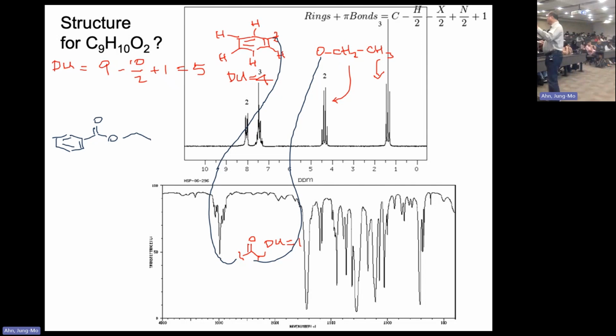Ester is typically higher, like 1730, but it can shift down by conjugation to double bonds or the benzene. So this carbonyl is actually next to the benzene. That's a conjugated ester, and that's why these carbonyls show a little over 1710 here. So I'm putting it together. We have the ethyl group here, an ester, and the benzene, and these make up all the hydrogens. So you have to figure things out this way.